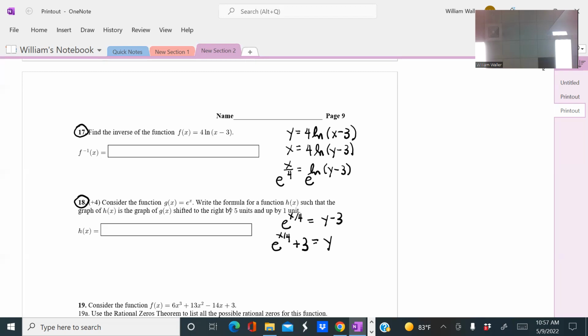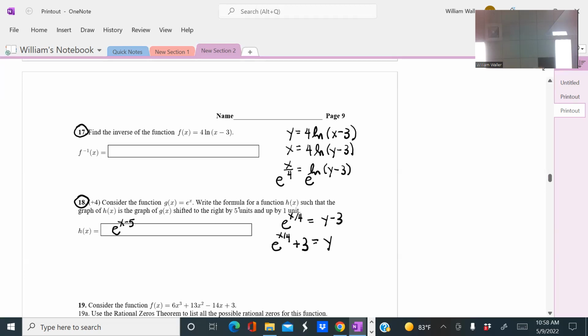If you're shifting to the right, you're shifting along which axis? The x-axis, right? So you add or subtract from x. You're going to subtract. You shift to the right, you're going to subtract 5, but it's from the x. So right here, e to the x minus 5. In that exponent, you're going to write the minus 5 with the x.